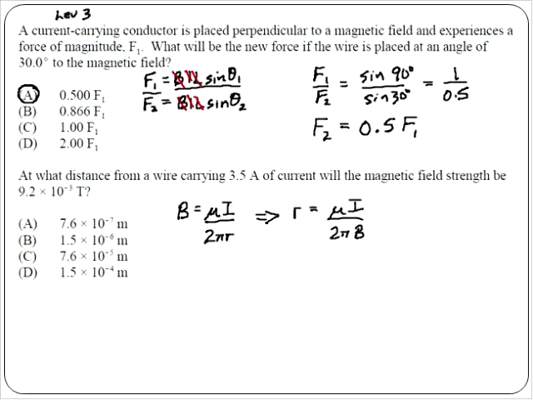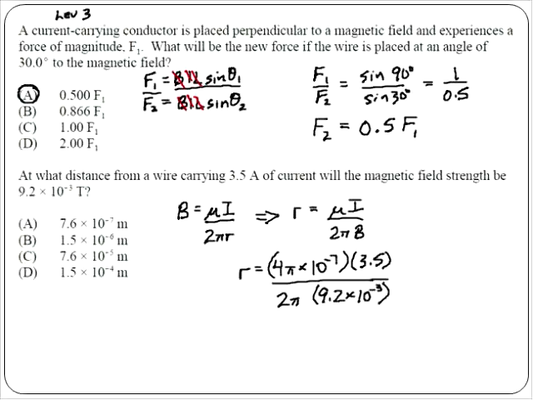So what we've got is this. R equals, mu, remember, is 4 pi times 10 to the power of negative 7. I is the current, which is given, 3.5. Then on the bottom you have 2 pi times B. B is 9.2 times 10 to the power of negative 3.